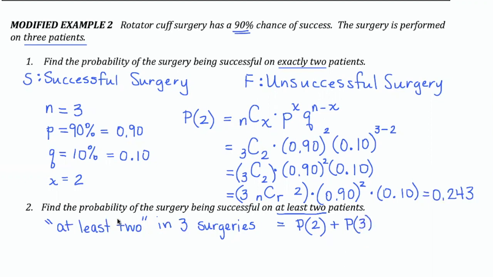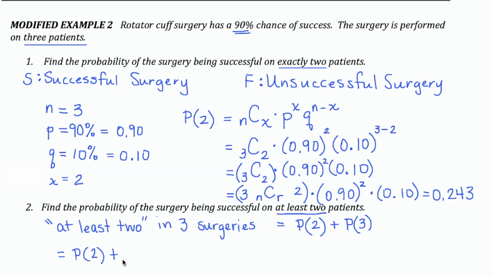So in this case, we need to take P of 2, which I already know because I calculated that above, and I need to add P of 3. Well, P of 3 can be found by writing out this formula and changing the X value, which was previously 2, to 3.